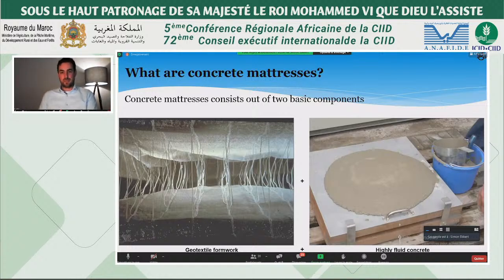Voilà. Les matelas en béton armé consistent en fait de deux composantes basiques. Comme vous voyez ici sur le côté gauche, on maintient une distance entre la couche supérieure et la couche inférieure.